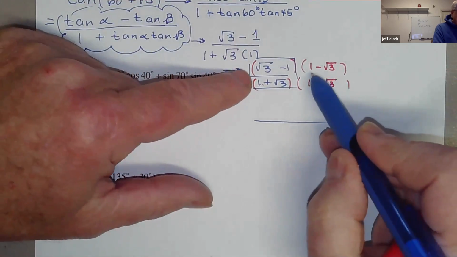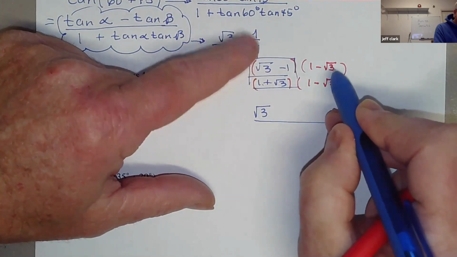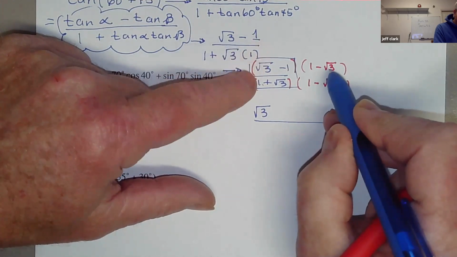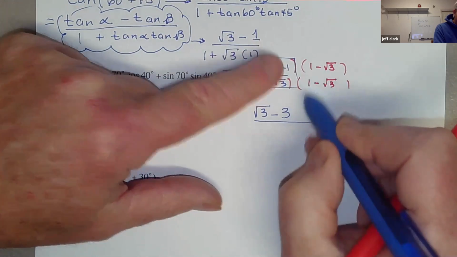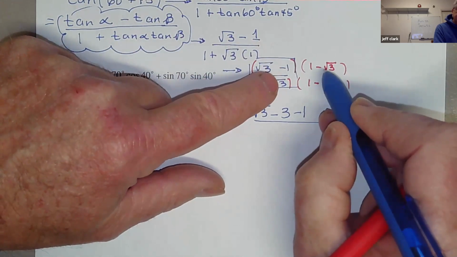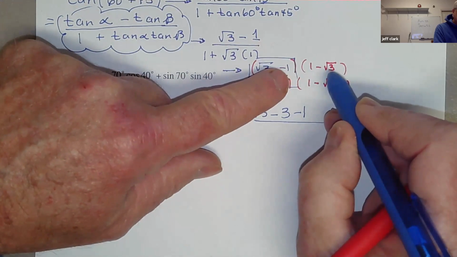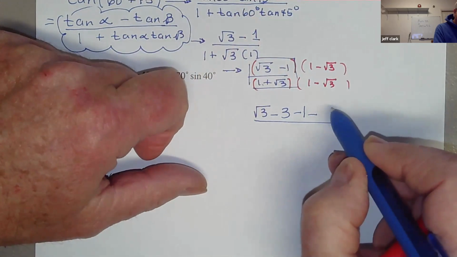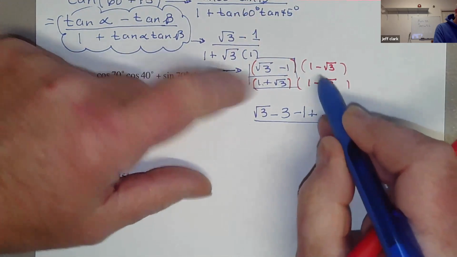So if I FOIL the numerator, I've got root 3, and root 3 times root 3 is root 9, or 3. So subtract 3, subtract 1, and these two multiply the last. Remember, it was first, outer, inner, and then last. So minus, was that root 3? No, plus. 2 negatives make it positive.